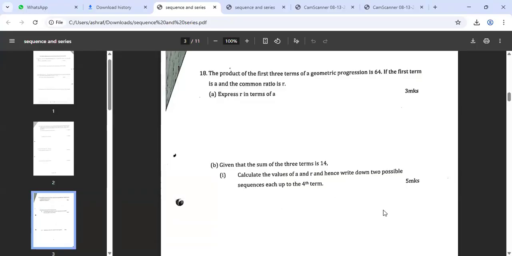So number 18, you're given the product of the first three terms of a geometric progression is 64. Then you're given the first term is A and the common ratio is R. Express R in terms of A. So how do you express R in terms of A? Someone to try.